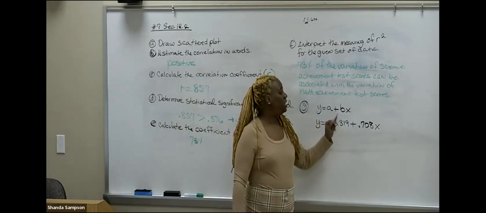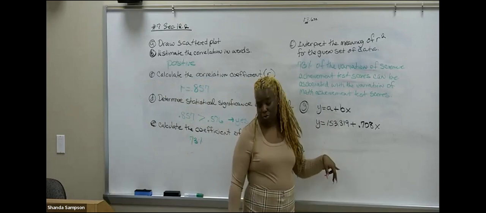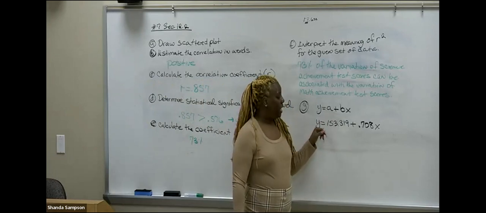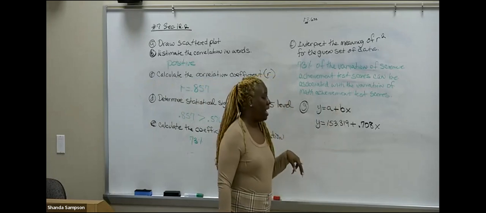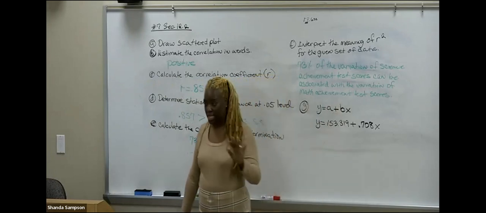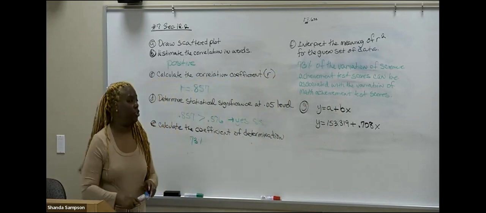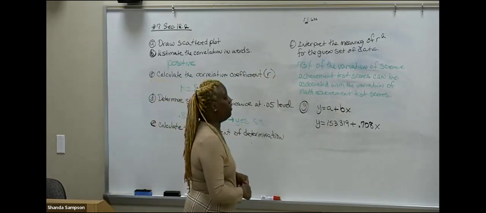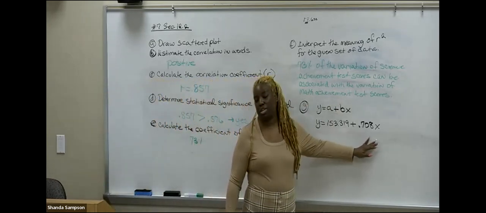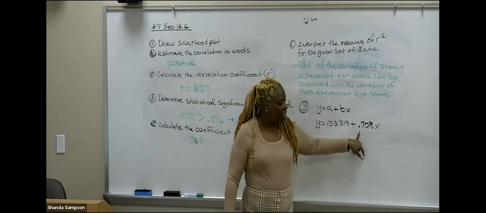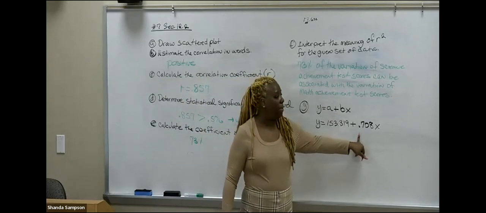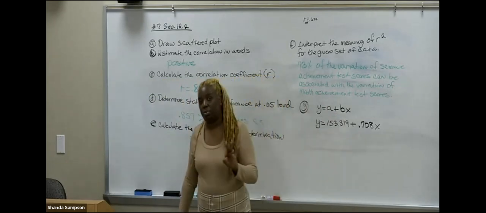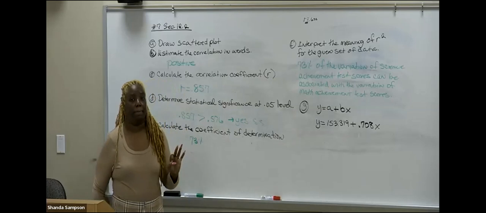If you put 153.232, it's wrong. If you put 153.318, it's wrong. I want to make sure that you get this so that you don't get it wrong. And if you put 0.707, it's wrong. If you put 0.71, it's wrong. You need to have 3 decimal places rounded appropriately, okay?